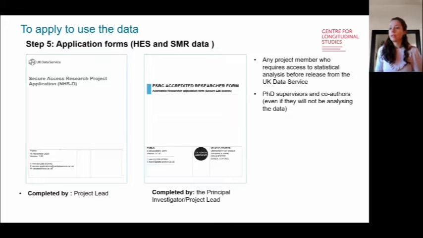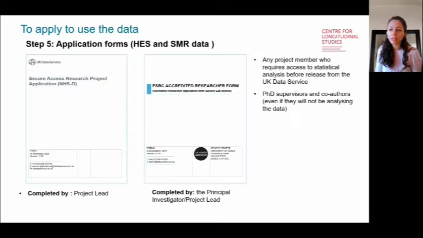Okay, so each member of the team, including the project lead, must download and complete both of these forms, so the Secure Access User Agreement and the ESRC Accredited Researcher Application Form. So the Accredited Researcher Application Form requires you to provide evidence of your suitability as an ESRC researcher.